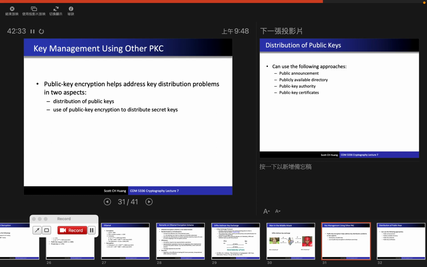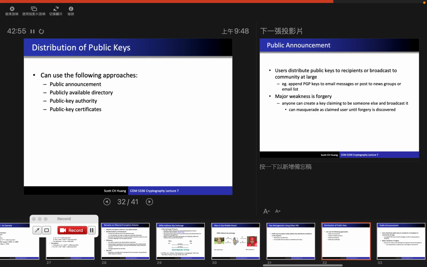For example, we can use RSA as a key distribution, key management system, because one party can choose a secret key and then send an encrypted message using the other party's public key.